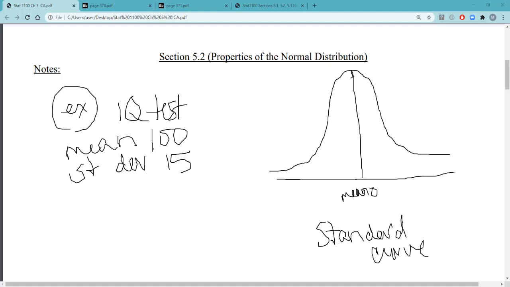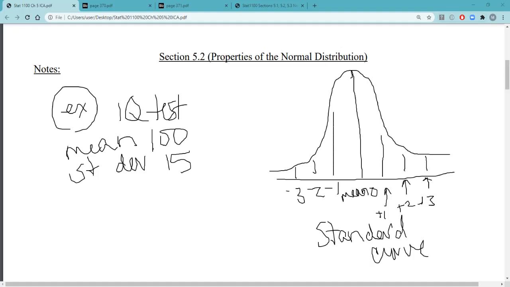And the standard deviation is going to look similar to how we saw it before, where here we have mean plus 1 standard deviation, mean plus 2, mean plus 3, minus 1, minus 2, minus 3. So it looks similar so far to that 68 rule.